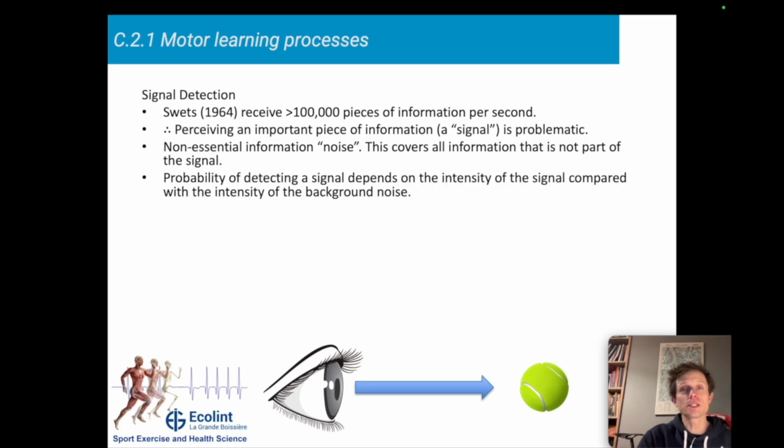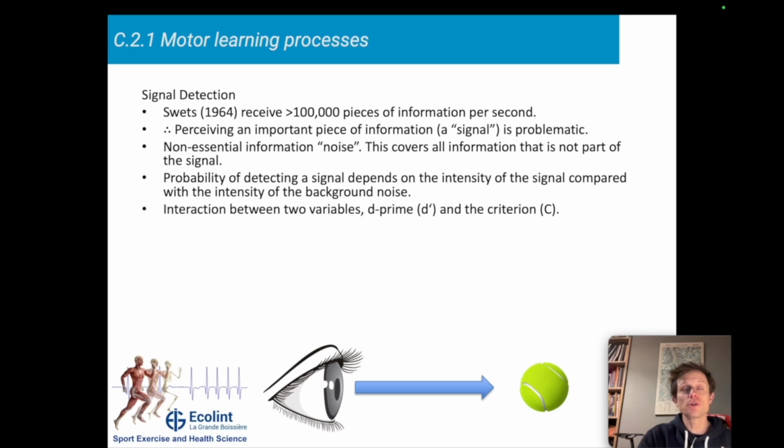The probability of detecting a signal depends on a number of different factors, including the intensity of the signal compared with the intensity of the background noise. Now, when Swets referred to background noise, they could mean literally noise, but it could also mean other distractions which are likely to detract our attention away from the signal.